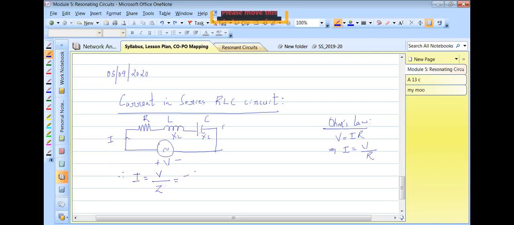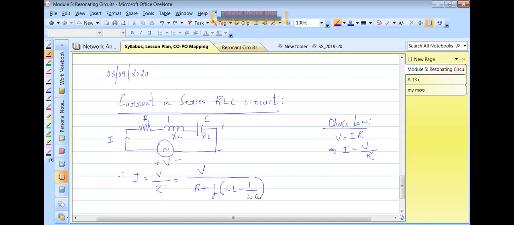Now, the voltage applied is V. What is the impedance? As we have seen in the last class, impedance is given by R plus j, if you take out, omega L minus 1 by omega C. Understand this point?